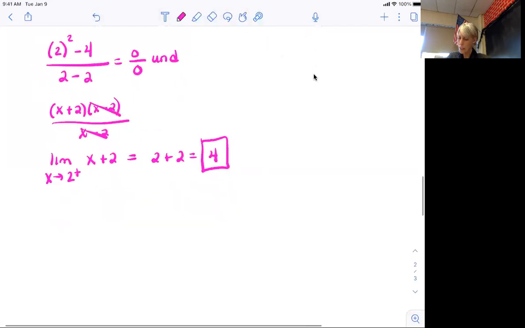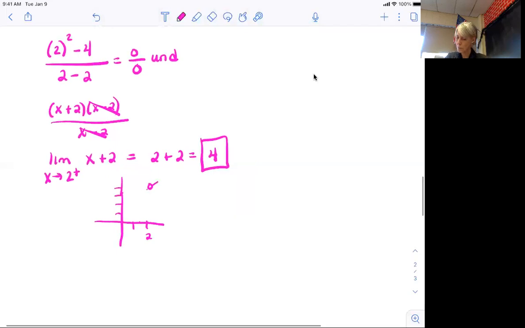So as x approaches 2, I'm not going to get an answer when I plug in 2. But if I plug in a number a tiny bit bigger than 2, my graph is going to go like that. What about less than 2?